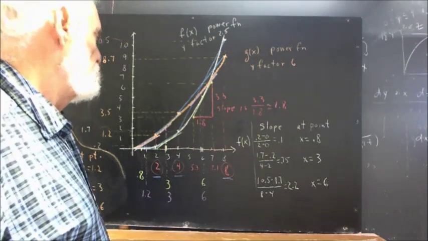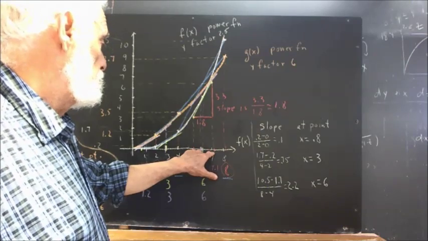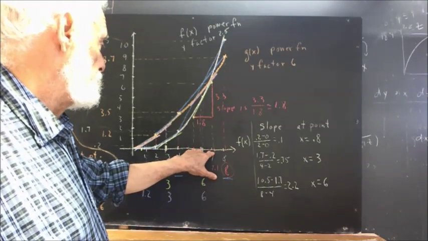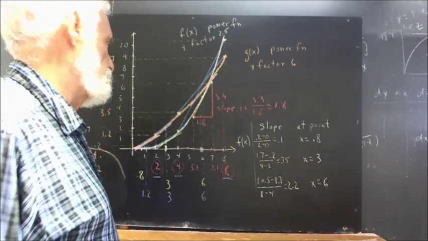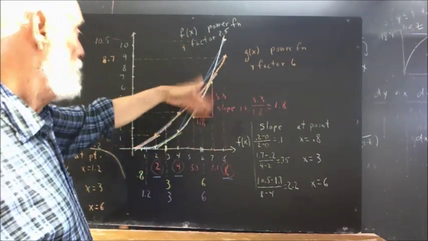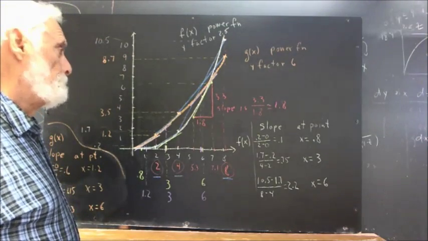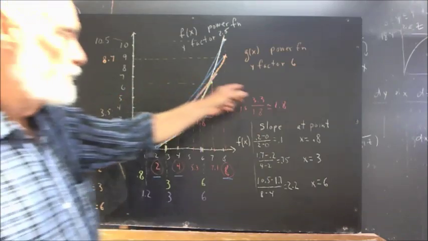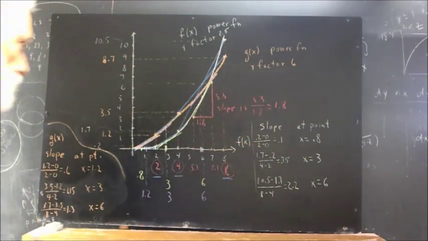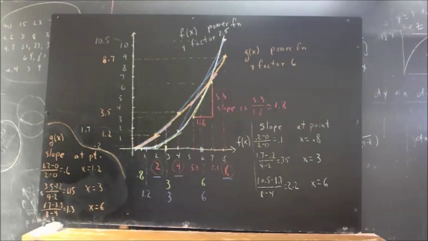Now the difference could be partially explained by the fact that I did an estimate here, and I could have estimated this distance to be 1.7 or 1.9 perhaps. This distance, which I estimated to be 3.3, could have been somewhat different. So there's some uncertainty in all these estimates. There's some uncertainty in the graph due to the fact that it's hand sketched.